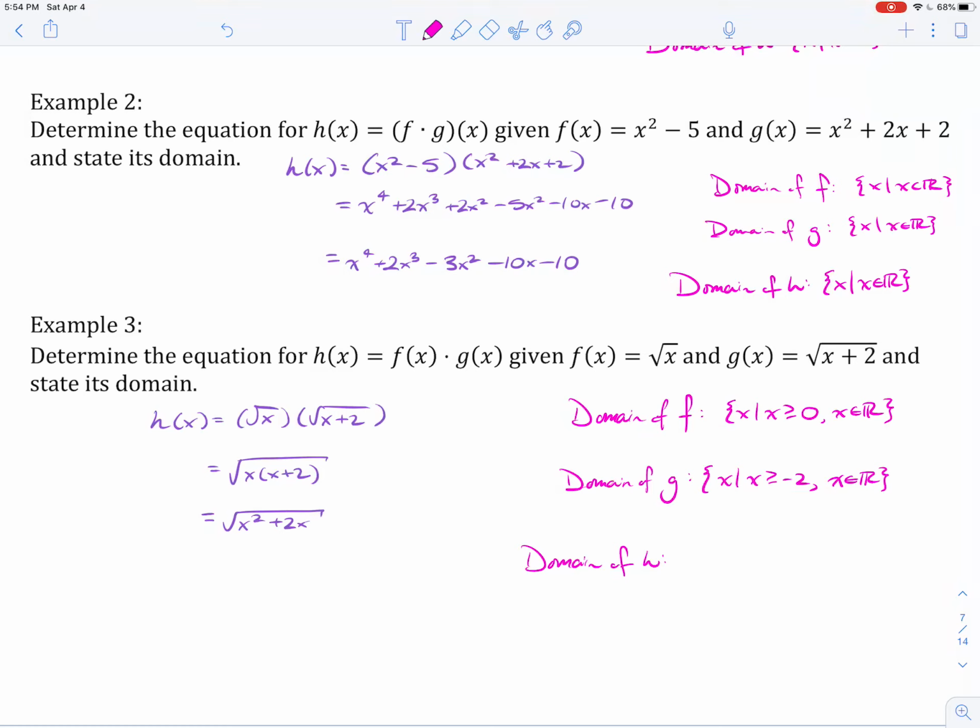Now obviously, nothing less than negative 2 is going to be common to both because it's not in either of them. But even a value like negative 1 will not work. Negative 1 is all fine and dandy over here. It meets that criteria. It doesn't meet this criteria. So that overlapping region is only where x is greater than or equal to 0.